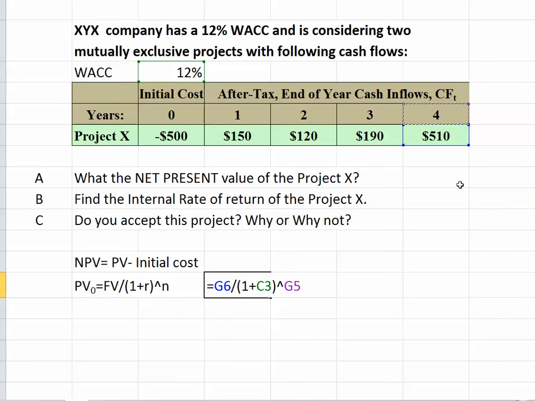So 4 years, right? If you do this, this is going to be your present value just for this cash flow. So find present value of this cash flow, this cash flow, this cash flow, this cash flow.